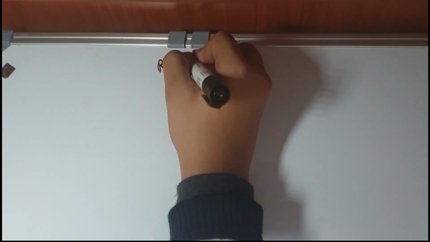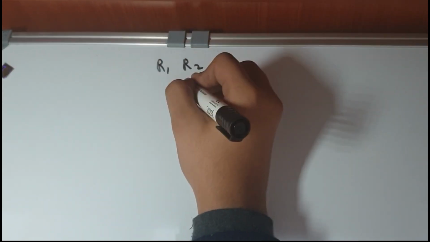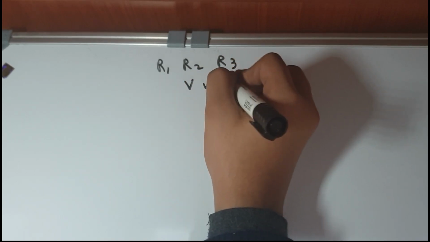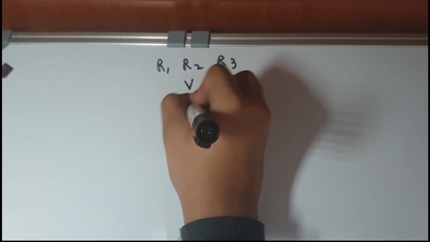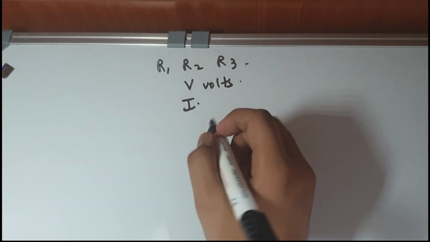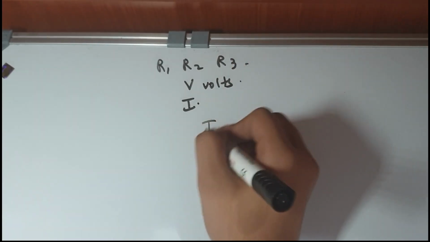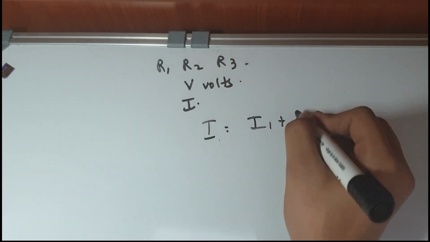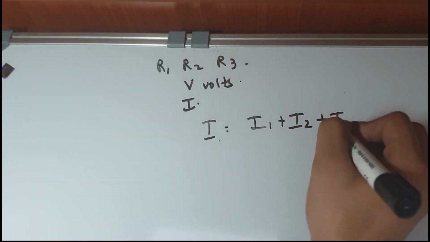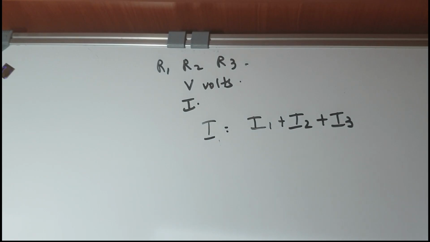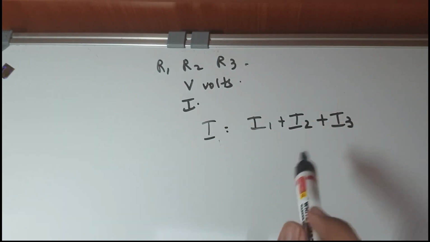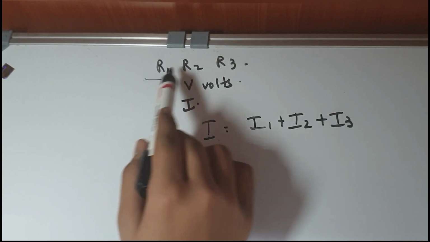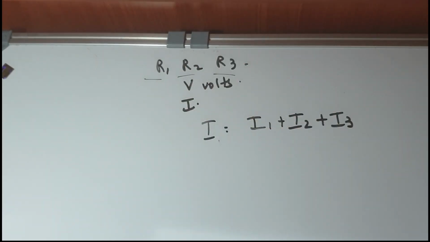In parallel combination, let us consider three resistors, R1, R2 and R3, and a potential difference of V volts applied across the circuit, with total current I. According to Kirchhoff's law, I is equal to I1 plus I2 plus I3, because in parallel combination the potential difference across all three resistors is the same.